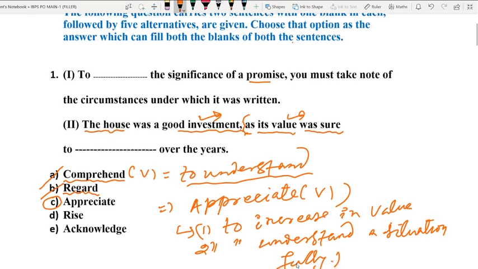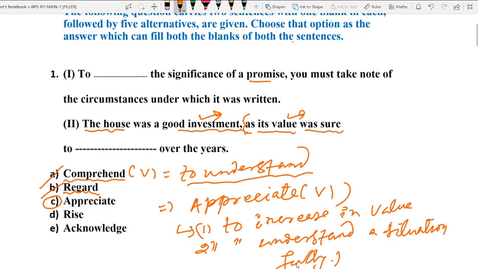So what I want to say is, whenever you use appreciate as a verb in a sentence, it carries two meanings. First, it means to increase in the value of a product or any item for that matter. Second, it means to understand a situation fully. If you have understood the meaning of appreciate thoroughly, then you must be convinced that this option is the most befitting option and the correct one here in the context.